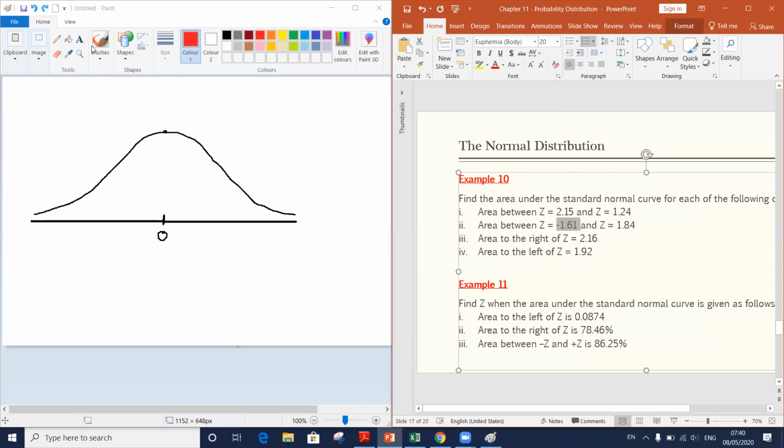To the left hand side of the curve, somewhere here. And Z equals 1.84, where? It is a positive value, so to the right hand side, somewhere here.